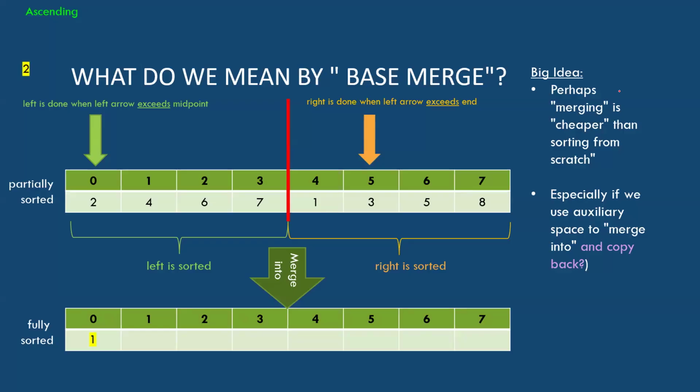So now we take the 2, move the 2 pointer forward, compare, take the 3, move the 3 pointer forward, etc. We're not sorting because we already sorted the left and the right side. We're merging, and that is inherently faster.